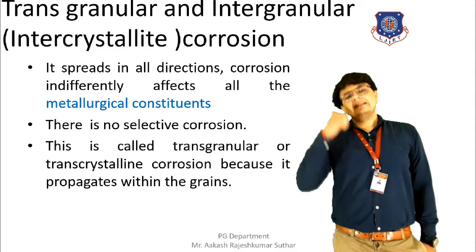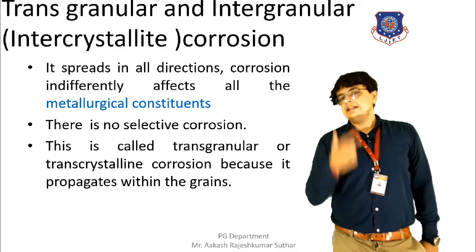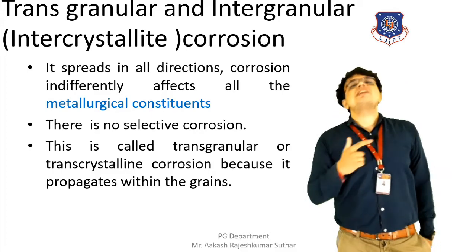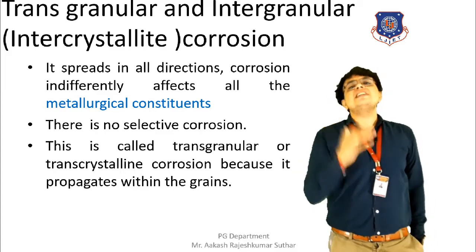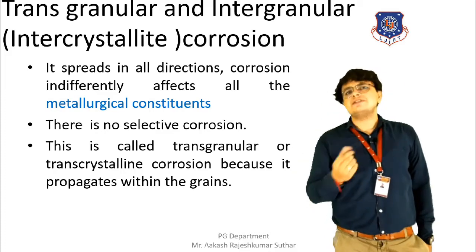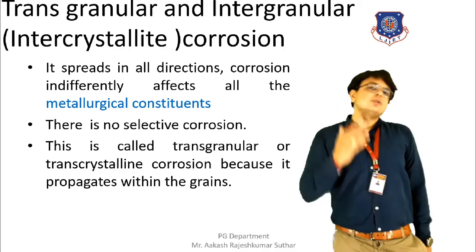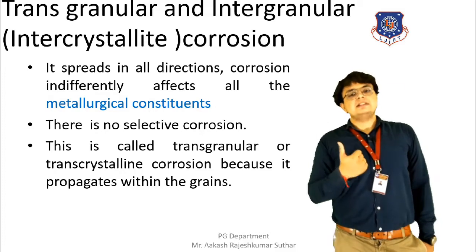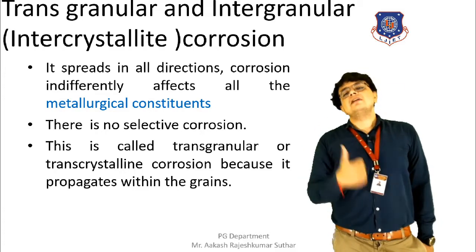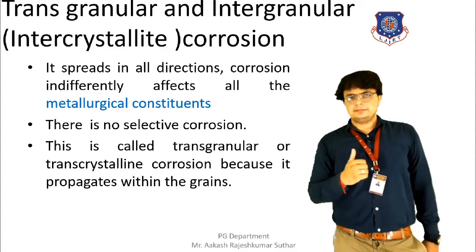This is how it is named, because the thing that defines it is the propagation. The propagation of the corrosion towards each and every grain, the small grains of the metal, will be affected by the corrosion. And by this only, we are designating this type of corrosion as transgranular or intergranular, or you can say intercrystalline corrosion.